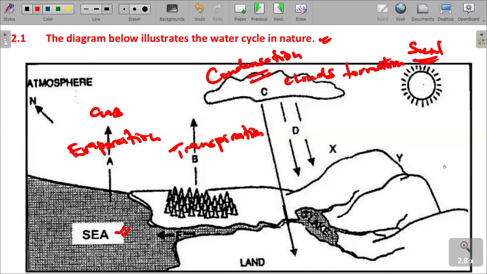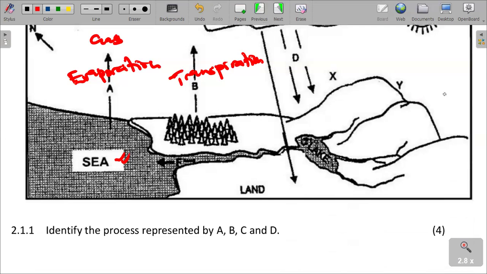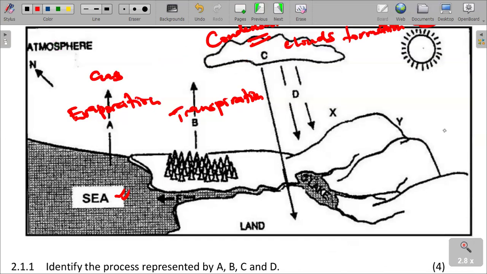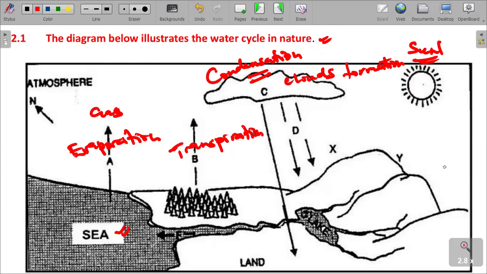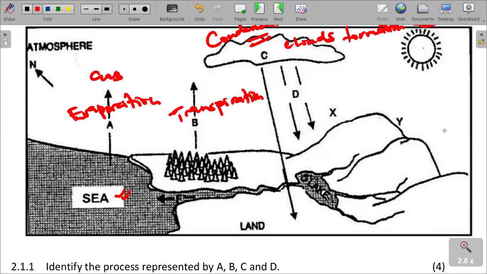It is because of the loss of heat from rising air, the loss of latent heat of vaporization, that this process results in the formation of clouds. D is showing precipitation, the fall of water from the clouds. Precipitation is D.